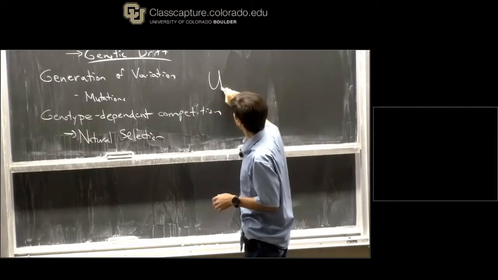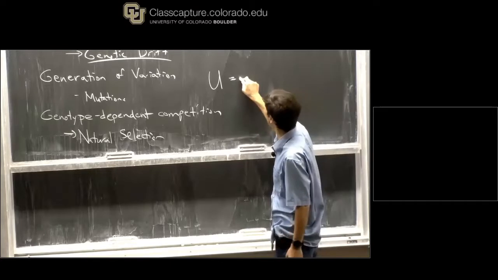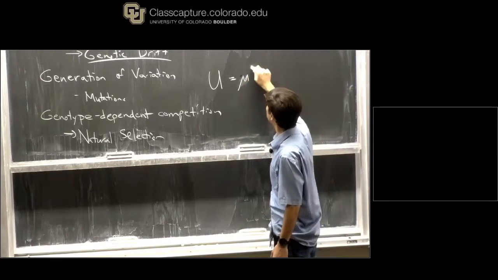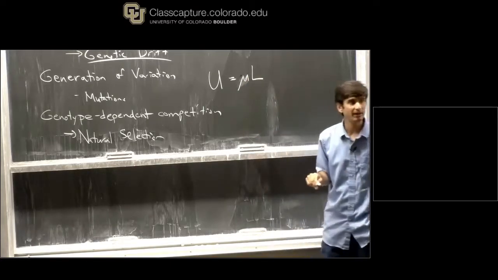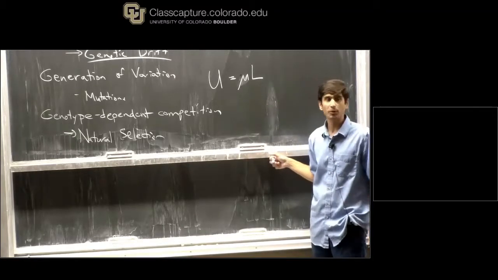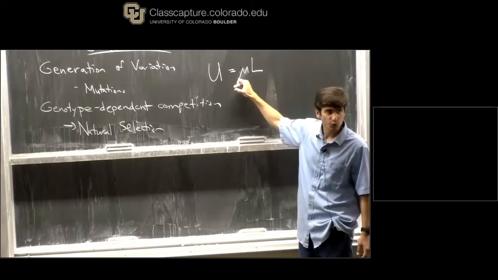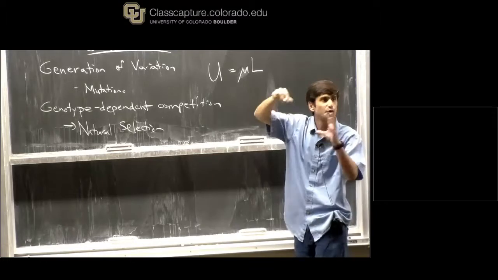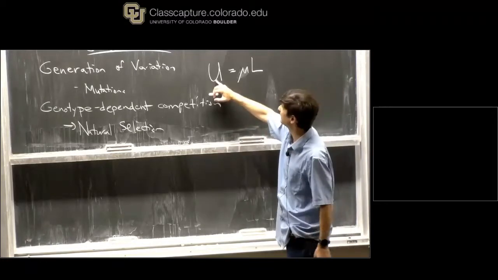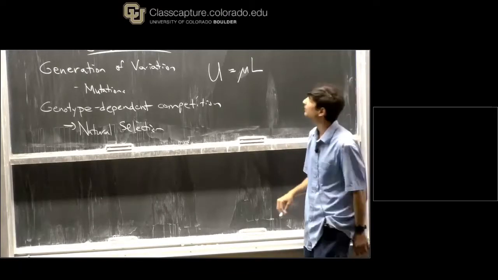Generation of variation, we're going to need some mutation rate, which I'm going to call big U, which we can think of as, there's genomes that have a bunch of base pairs. The genomes maybe have length L, and there's a base mutation rate mu per base pair. We'll often work in the limit where L gets large and mu gets small. And so each new mutation arises at a unique site, and then all we need to worry about is this overall mutation rate. But we don't have to do that.